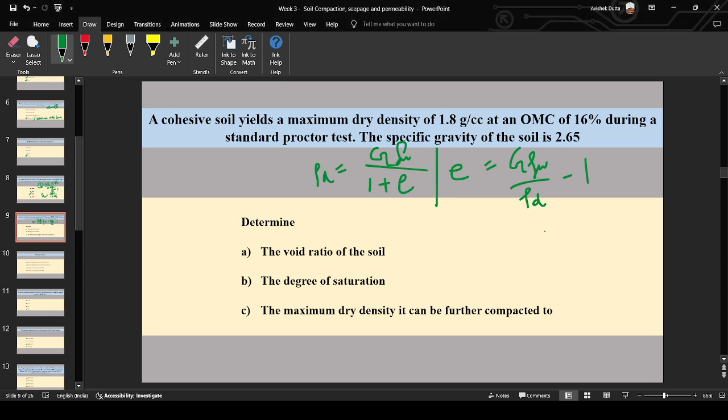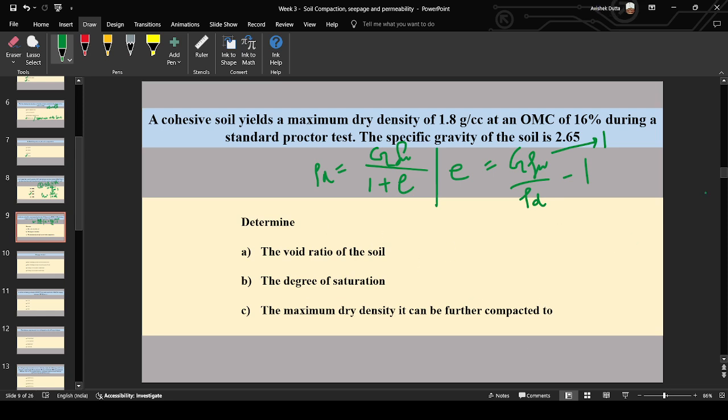This is the void ratio. Now put the values G equal to 2.65, rho D equals 1.8, rho W equals 1 gram per cc. So 2.65 divided by 1.8 minus 1. I am getting 0.4772.